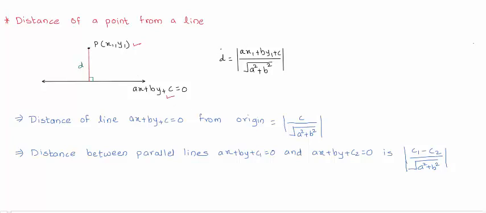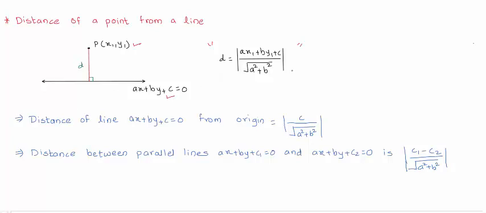This distance d is obtained by this formula: d equals mod of ax1 plus by1 plus c divided by root of a square plus b square. So students, the numerator is obtained by using a, b and c and the given point x1, y1, and the denominator is the square root of a square plus b square. Very simple formula but very effective.